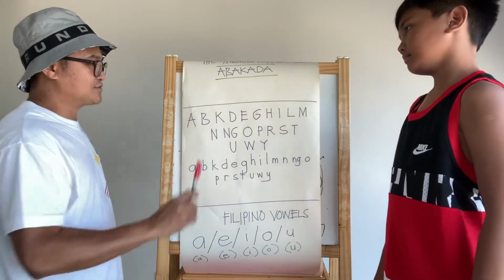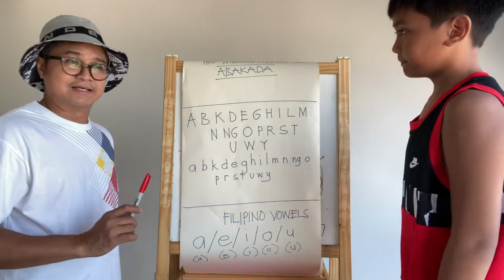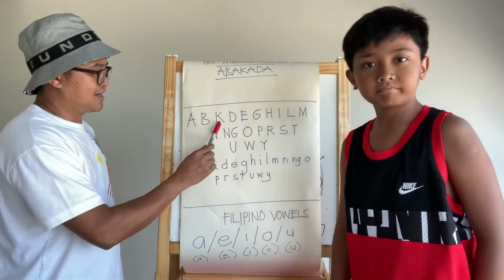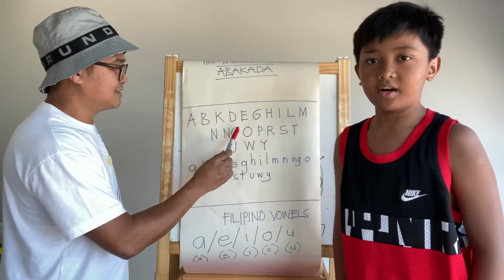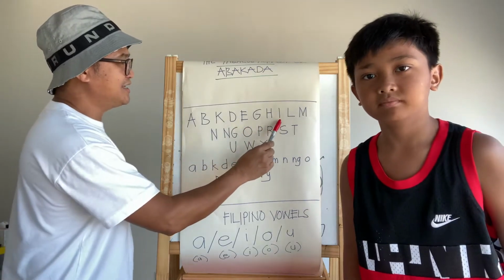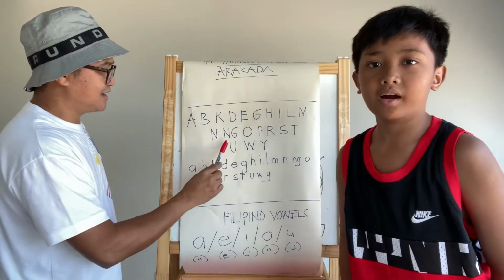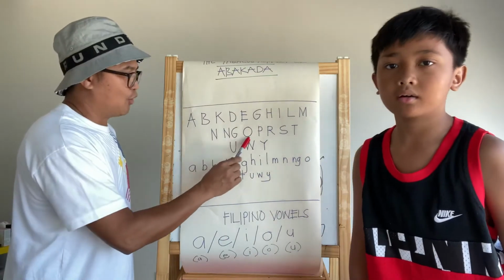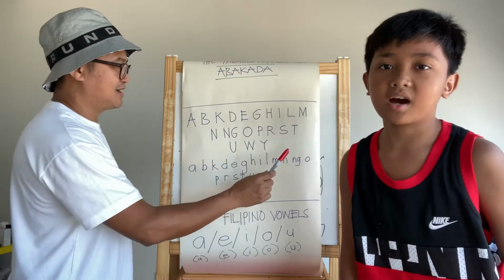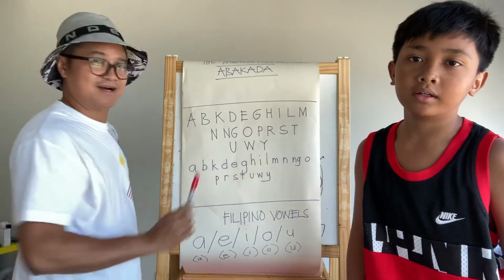So let's read. I will read and Amjarism will repeat after me. So a, ba, ka, da, e, ga, ha, i, la, ma, na, nga, o, pa, ra, sa, ta, u, wa, ya.